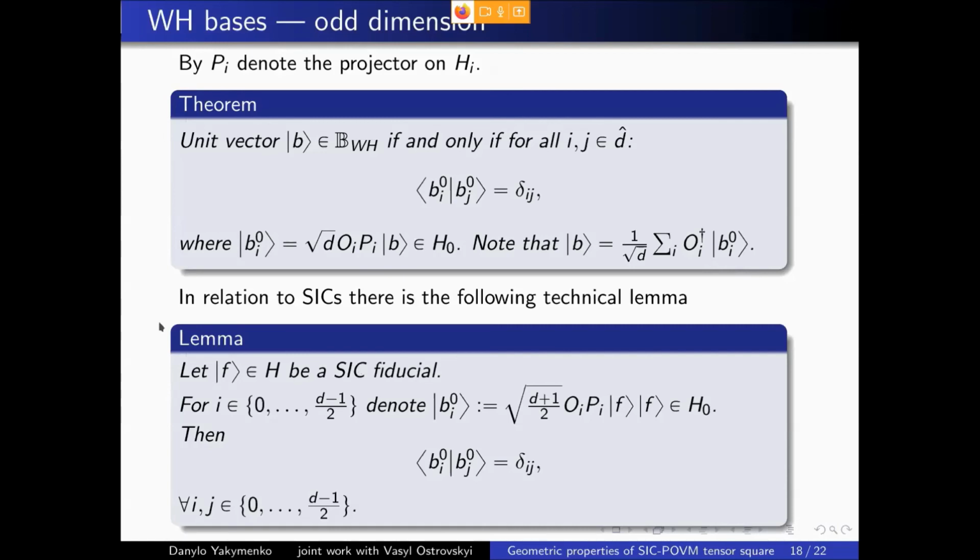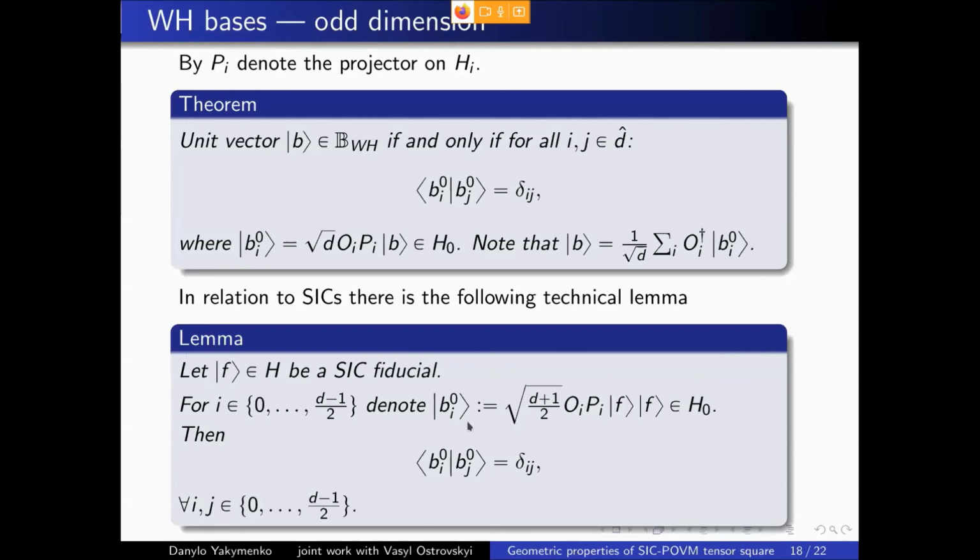There is a related technical lemma that helps us prove our main theorem. This lemma says that once we have a SIC fiducial vector, and we form these vectors, right? So we project this fiducial vector on the i-th part, and then send it to the zero component.